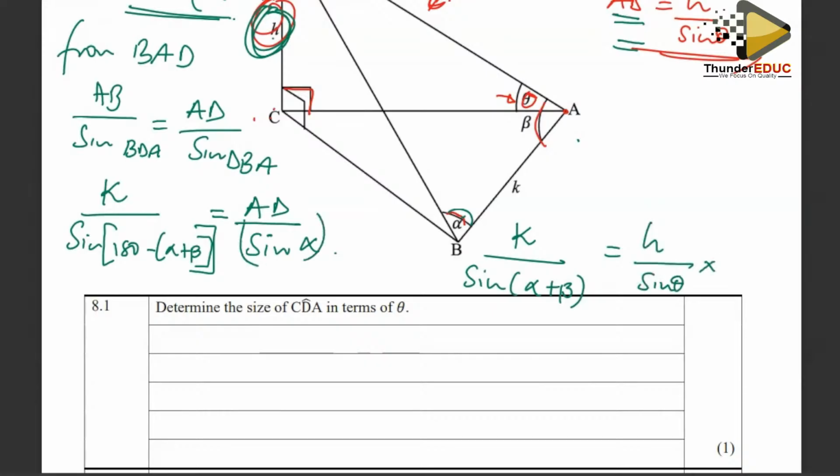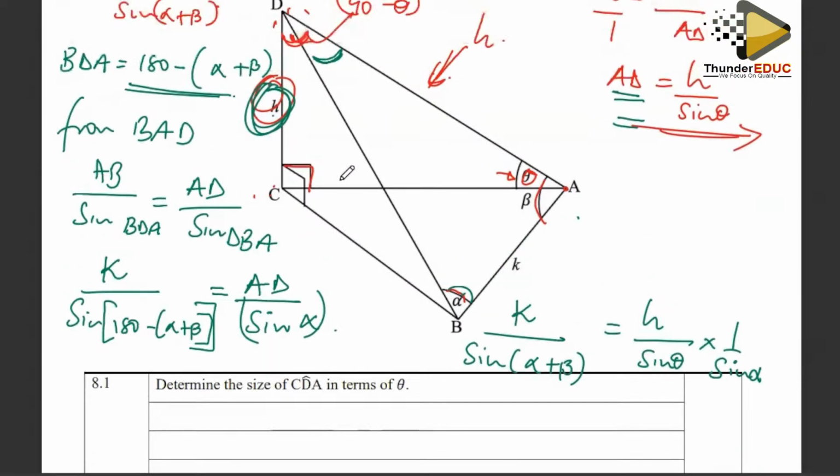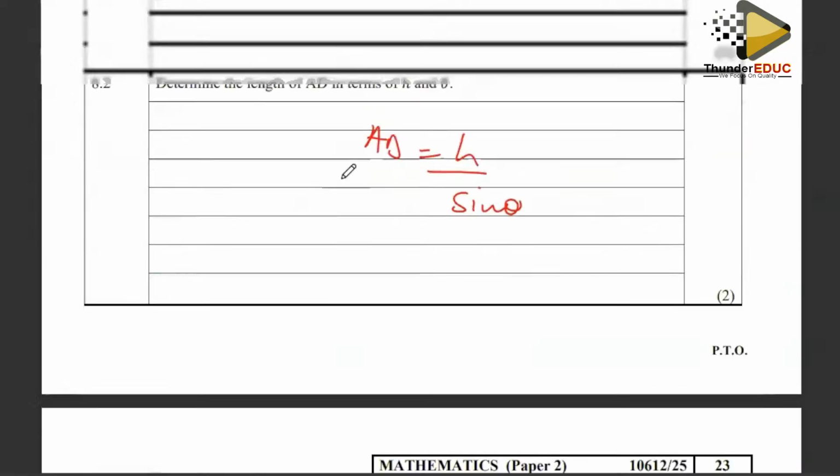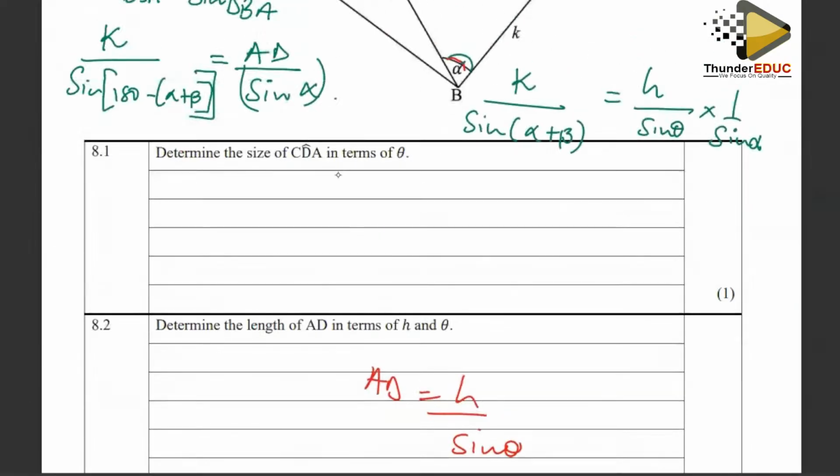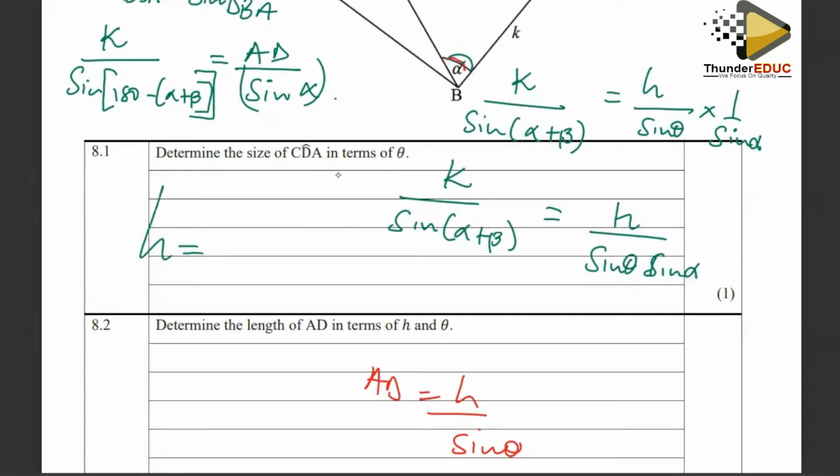Now we are multiplying it by 1 over sine alpha. Then make h the subject, since we're looking for h. So cross multiply: k over sine of alpha plus beta is equivalent to h over sine of theta, and then the sine of alpha. When you cross multiply, our h becomes what we were given.